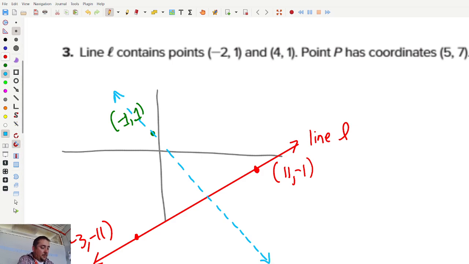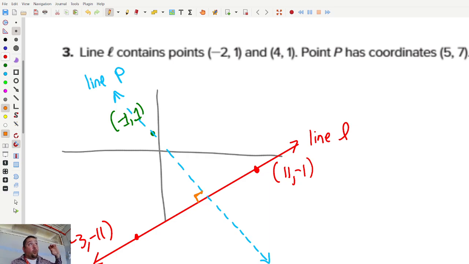For reference in this video, I'm going to call it line p, lowercase p to stand for perpendicular. We have capital P as the point, but I'm going to use lowercase p for the line because it stands for perpendicular. It has to be perpendicular to the red line, line L. So we need to come up with the equation of line p.